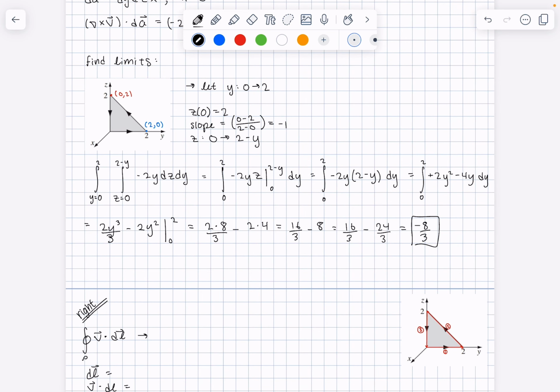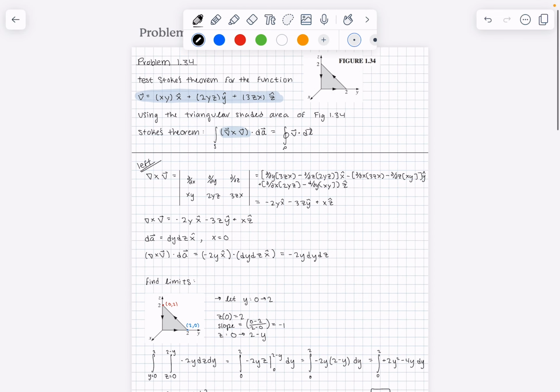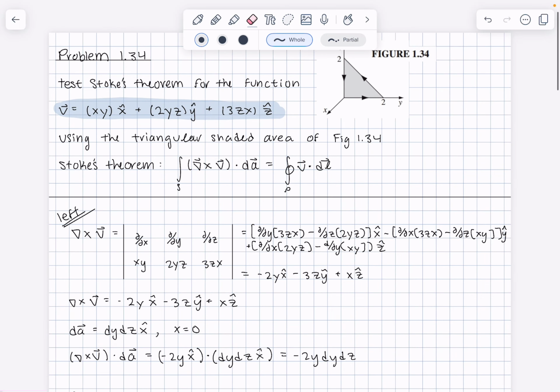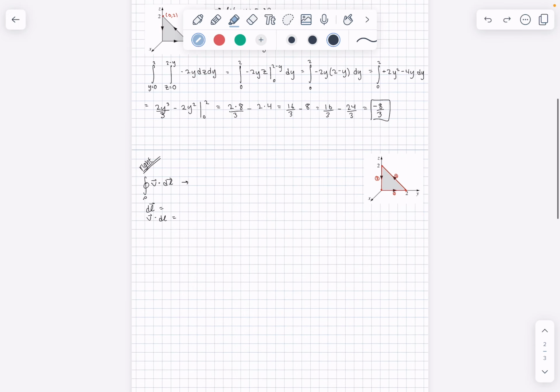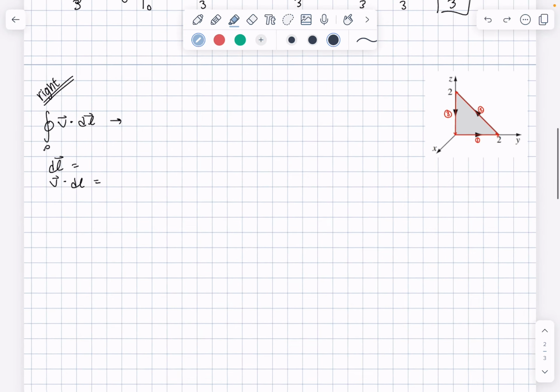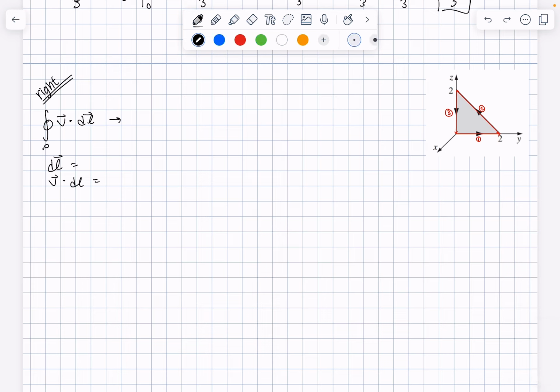And now we can move on to the right-hand side of Stokes' theorem, where we will be taking the line integral around the bounded shaded region, the closed line integral. So that will be this part of the equation. And we can break that up into 3 different paths. So our first path will be 1 over here in red, second 2, third 3.